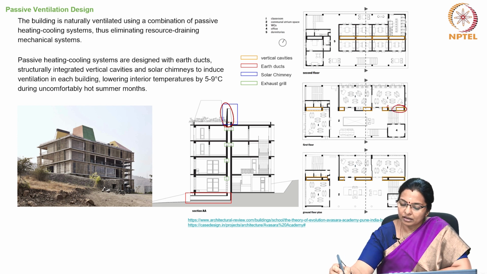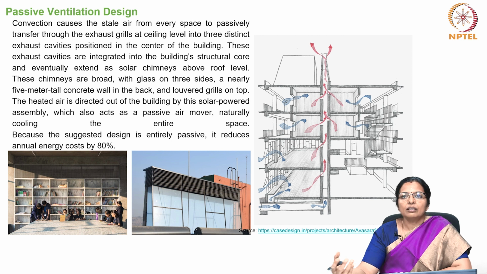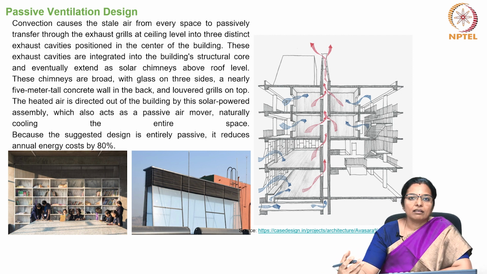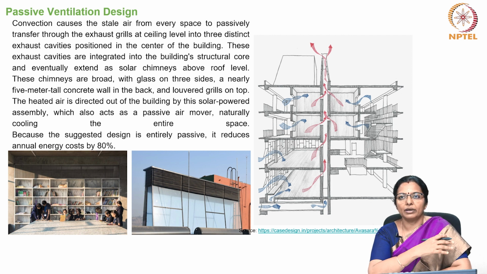Here are the solar chimneys located. So, convection causes the stale air from every space to passively transfer through the exhaust grills at ceiling level into three distinct exhaust cavities positioned at the center of the building.